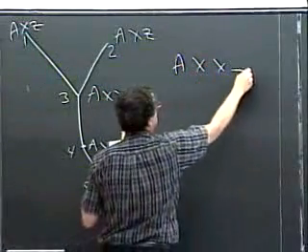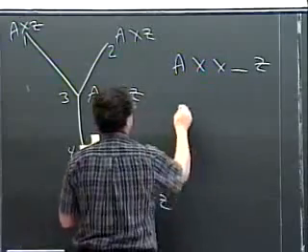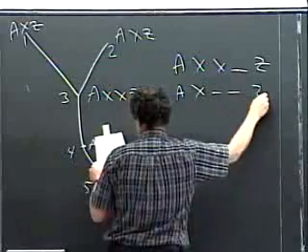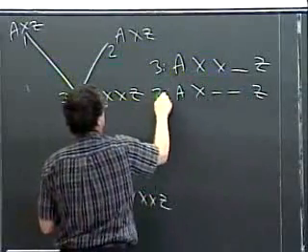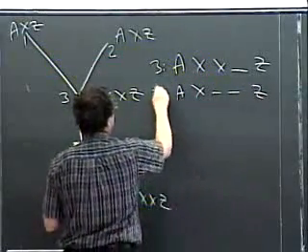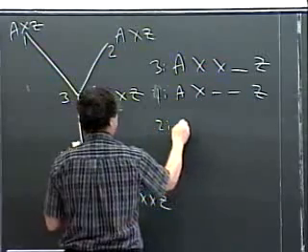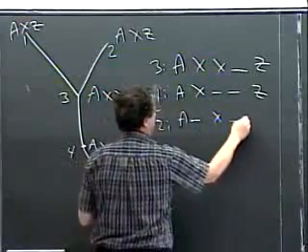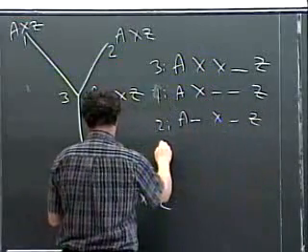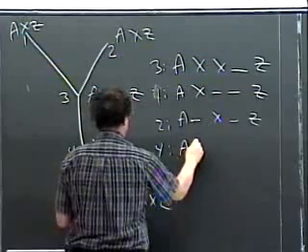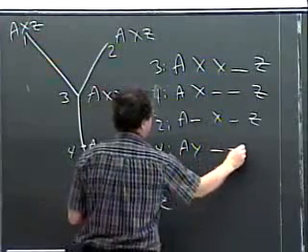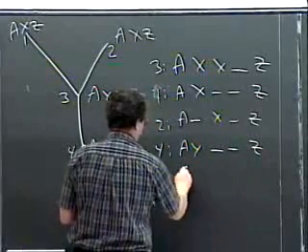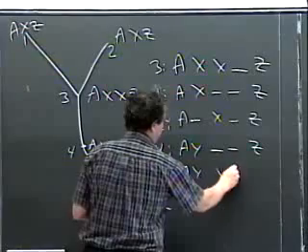AXXZ, AX--Z. Now this is sequence 3. This is 1, 2, A-X-Z. 4 is AY--Z. And 5 is AYXXZ.